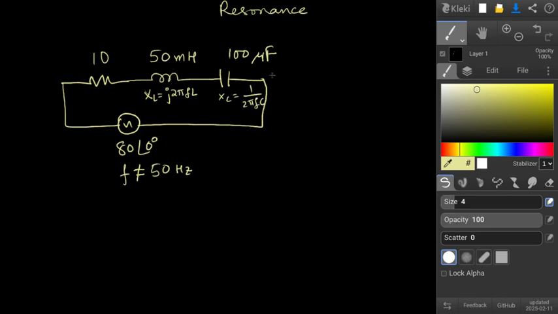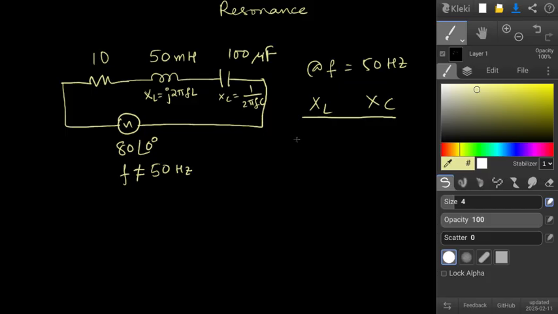Okay. So the value of XL is proportional to frequency. The value of XC is inversely proportional to frequency. That means if frequency increases, XL increases, whereas if frequency increases, XC decreases. Okay. So at frequency equal to 50 hertz, what was the XL and XC?